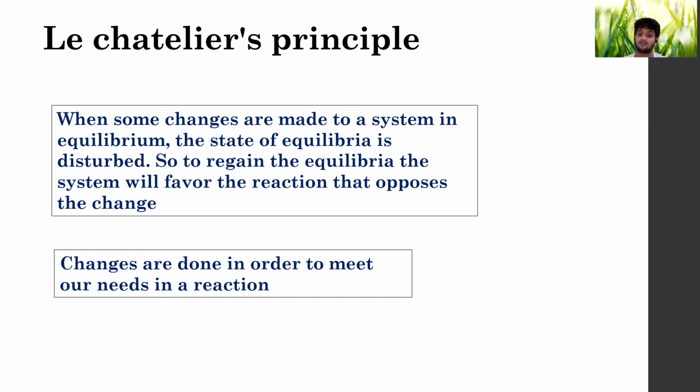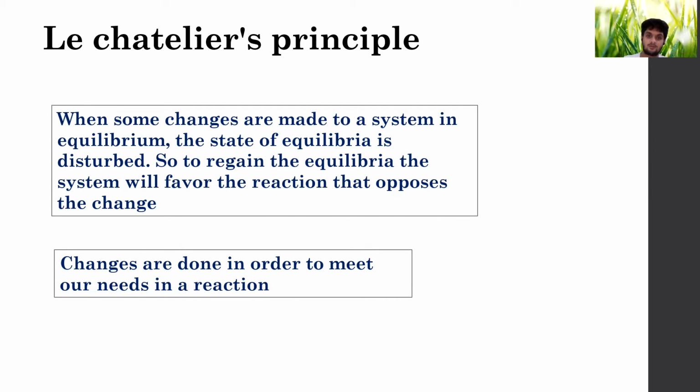So it will favor the direction of the reaction which opposes this particular change that you have made. Basically it finds the direction of a reaction where you can eliminate this change and regain equilibrium. Temperature, pressure and concentration are the most common factors that are changed in order to achieve what we want.